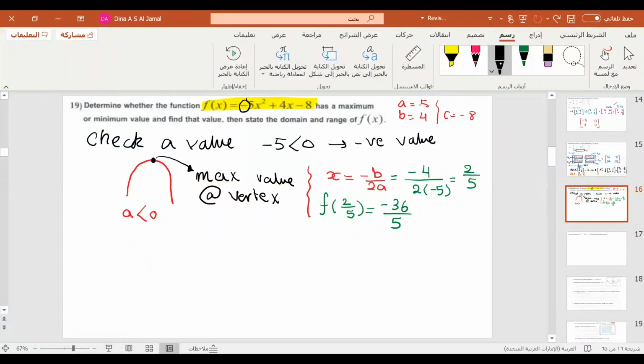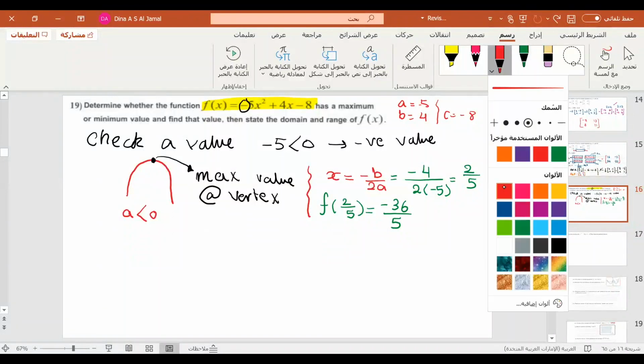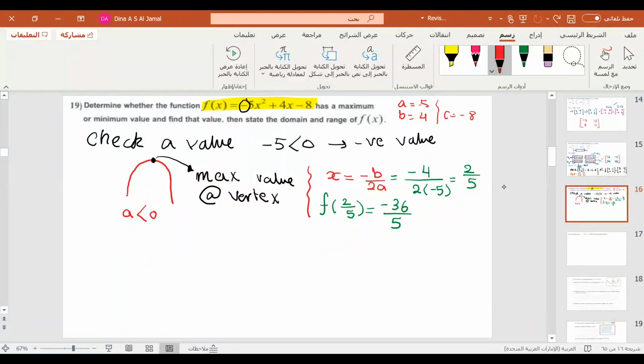That means your vertex is 2 over 5 and minus 36 over 5. And always, whenever you would like to find the max or the minimum, it will be your y value. So this is the maximum value.